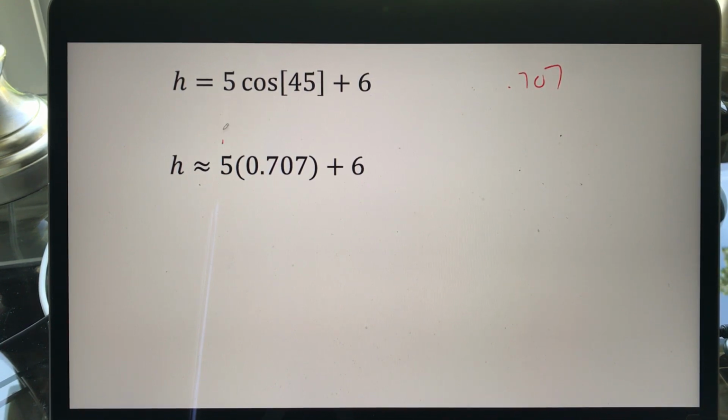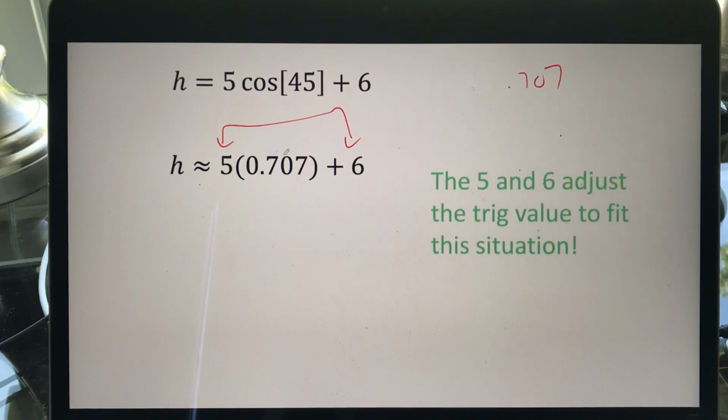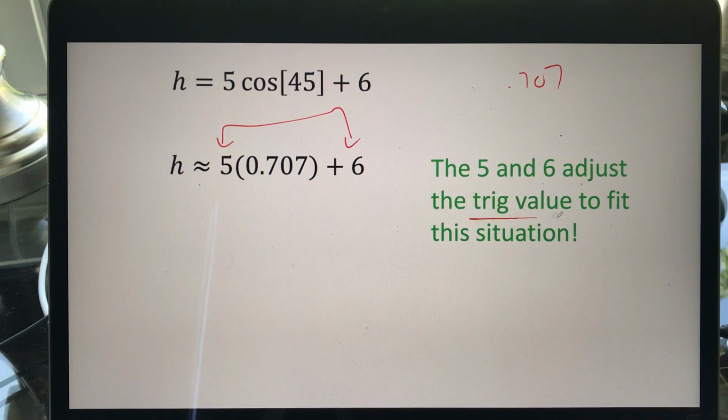So now we have these two other manipulations that just come from our model. The 5 and the 6 just adjust the trig value to fit our Ferris wheel. So our function says, okay, take this theoretical 0.707 height from the calculator that will work in just the general theoretical case, multiply it by 5 because the Ferris wheel has an amplitude of 5, and add 6 to that because the Ferris wheel has a midline of 6, right?